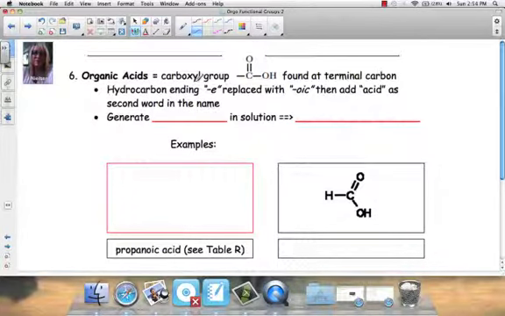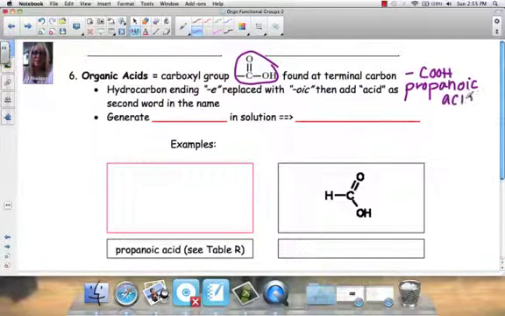Organic acids have what's called a carboxyl group. It is a C double bond O, OH, sometimes also written like this. And it's always at the terminal carbon, meaning the end carbon. And we're going to take our parent group like propane and drop the E and add OIC and the word acid.